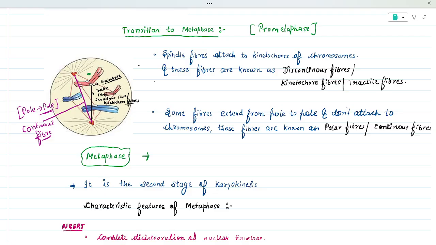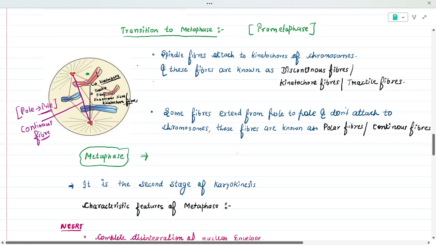So we can say what is happening in the transition to metaphase: spindle fibers attach to kinetochores of chromosomes, and these spindle fibers attaching to the kinetochore sites are known as discontinuous fibers, kinetochore fibers, and the tractile fibers.